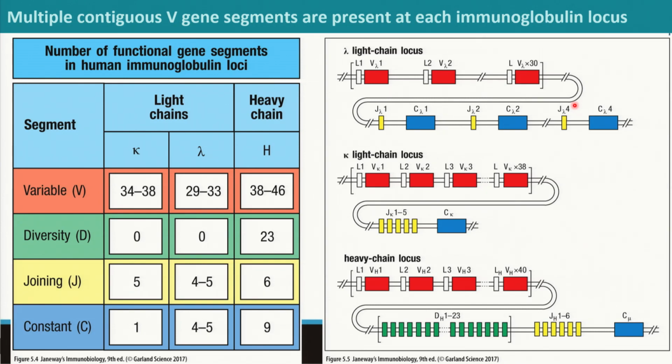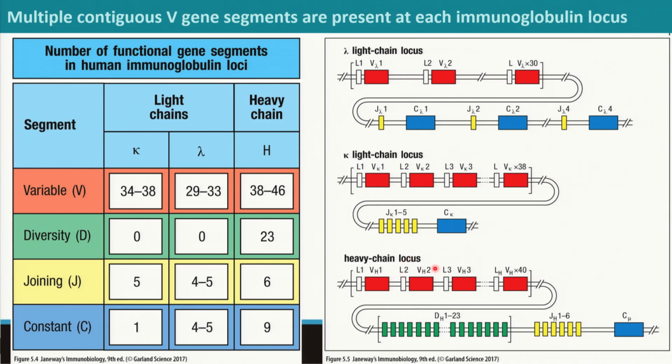In case of kappa, all these 34 to 38 variable regions are again in tandem or inverted way, which I will come to later. So, they are present one after another, then there is a space, then all 5 J regions are here, then only one constant domain. Okay. So, this is the chromosomal arrangement of kappa light chain.